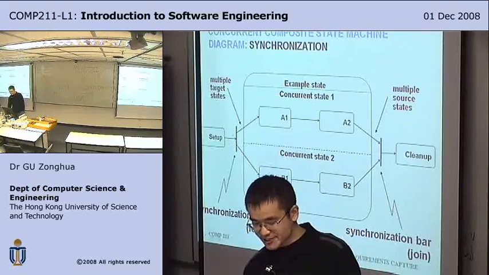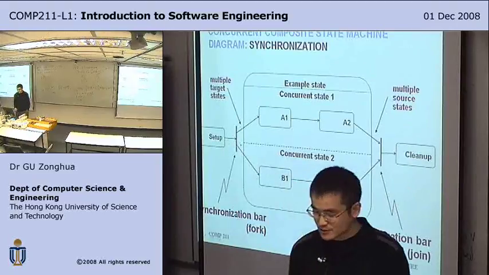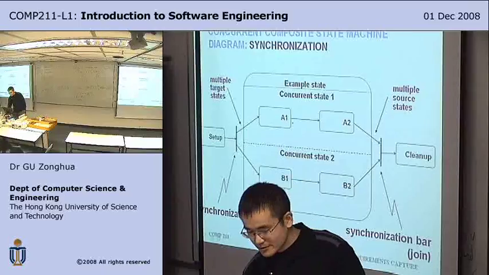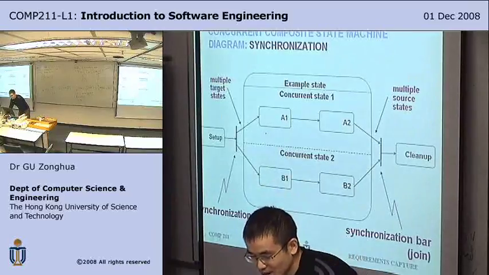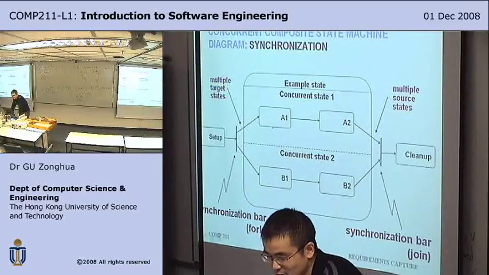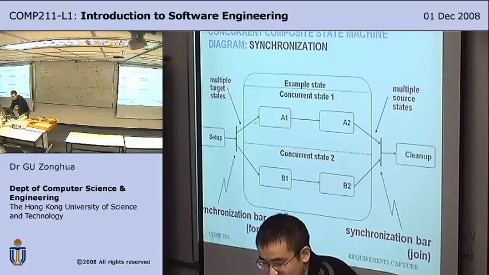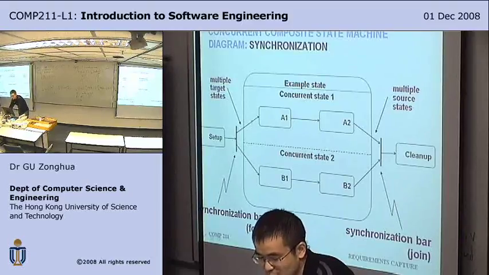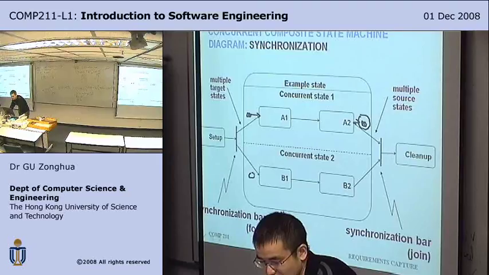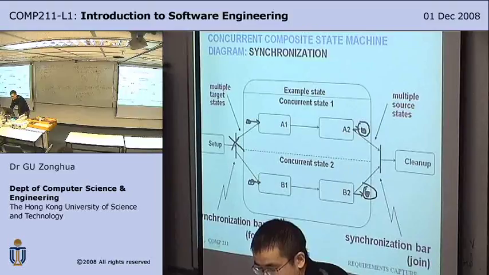So you can have synchronization bars, fork and join. Notice that this particular fork and join is identical to this: if you didn't use the fork and join synchronization bars, you just had an initial state here and a final state here, initial, final, and delete these bars, you go to the border of the composite state.